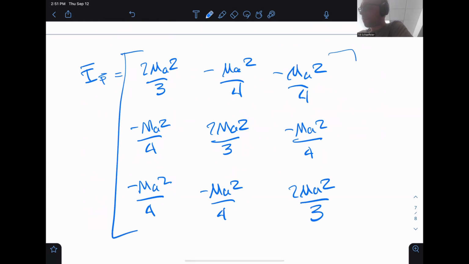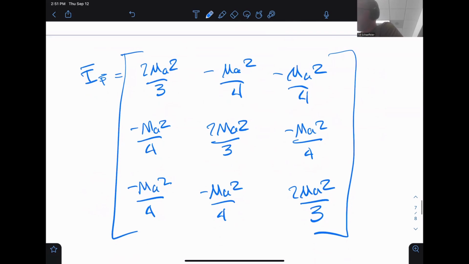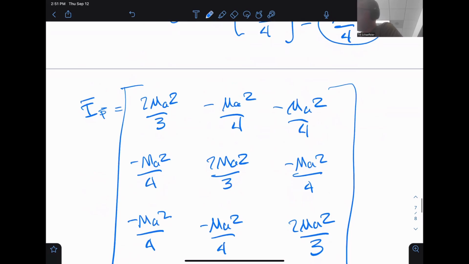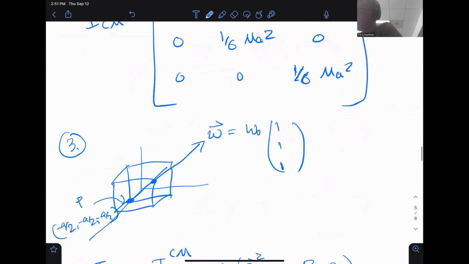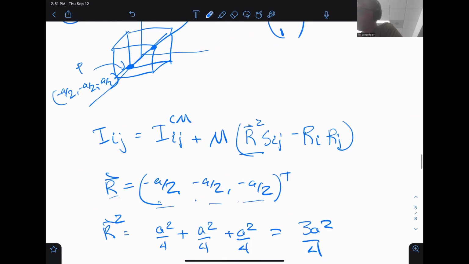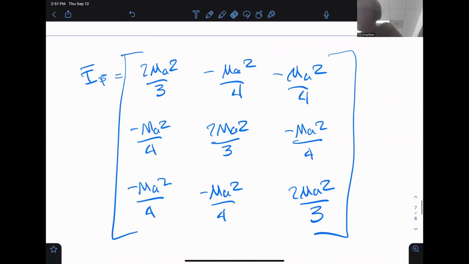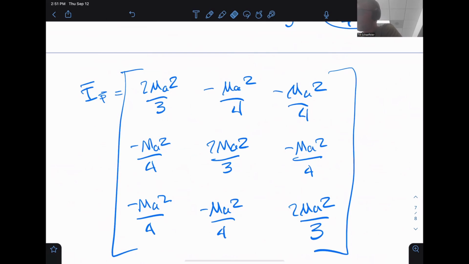So that is the moment of inertia tensor through the point P. It's a lot messier than through the center of mass because the center of mass is no longer at the origin, so we have all these other terms in it.